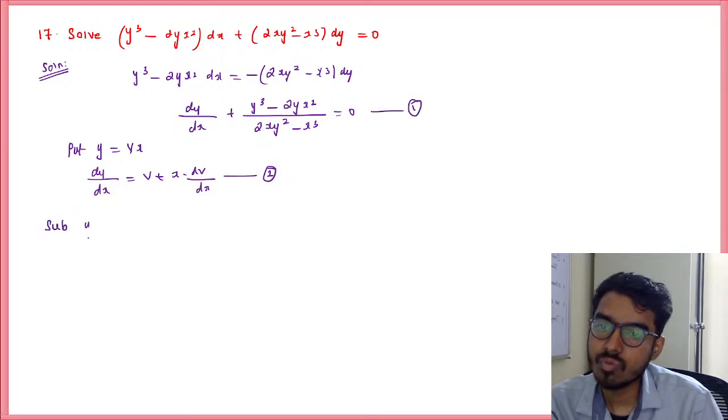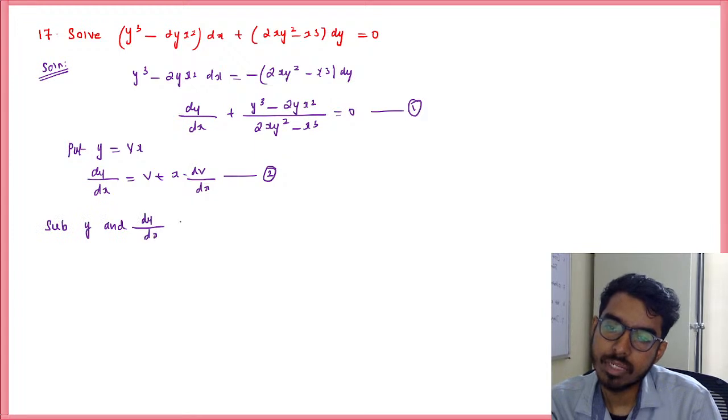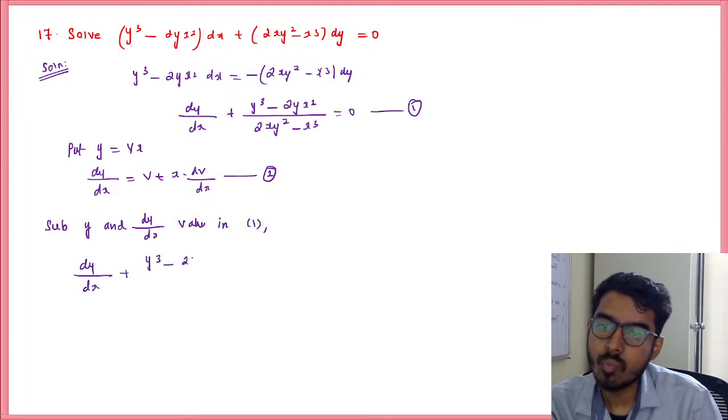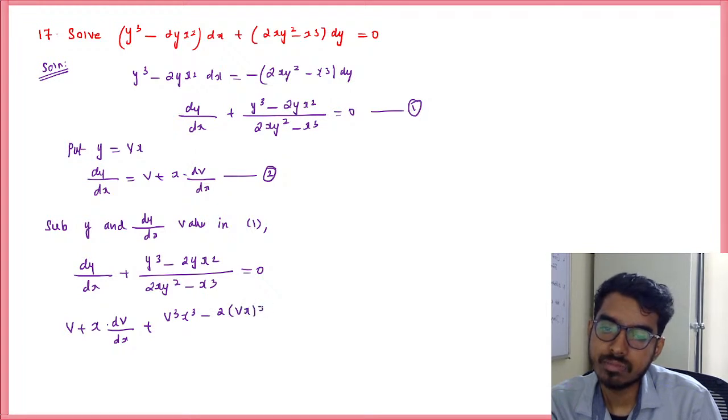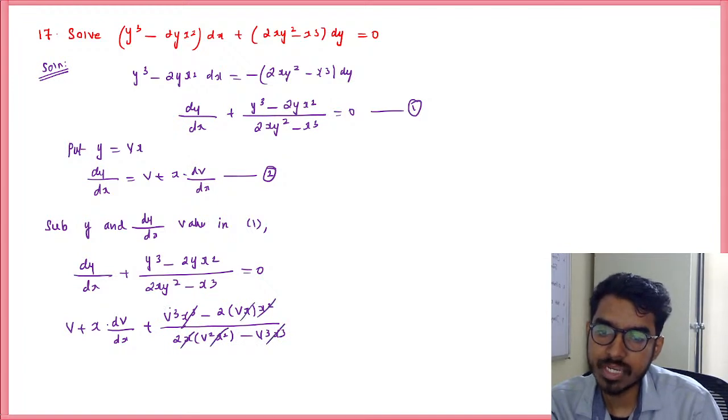Substitute y and dy by dx values in 1. So we have dy by dx plus y cube minus 2yx square divided by 2xy square minus x cube is equal to 0. Dy by dx is v plus x into dv by dx. Y cube will be v cube x cube, and so on; x cube, x cube will get cancelled.